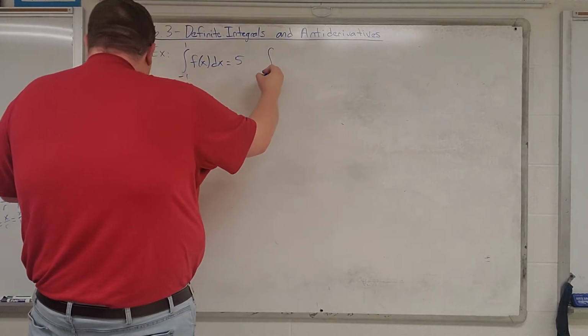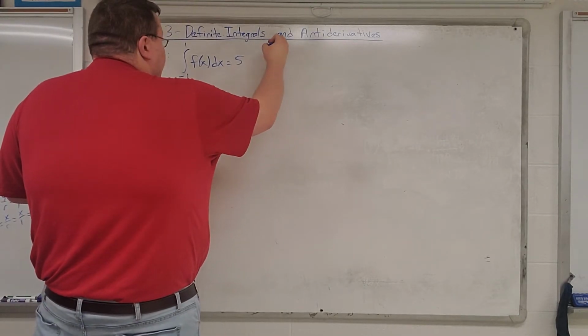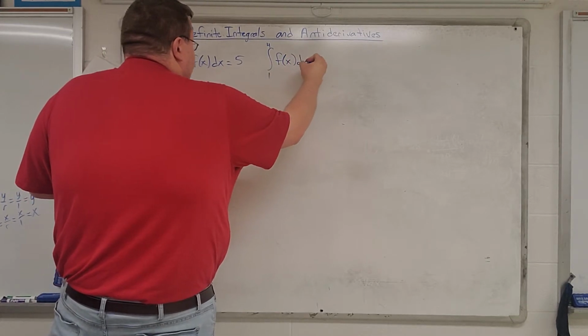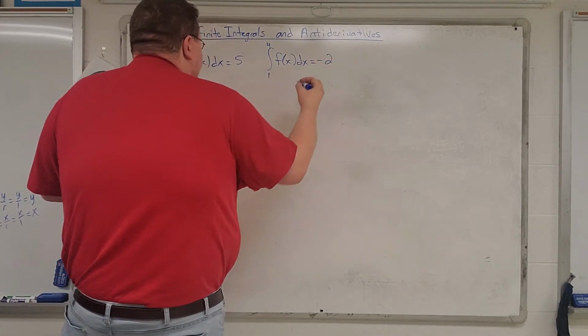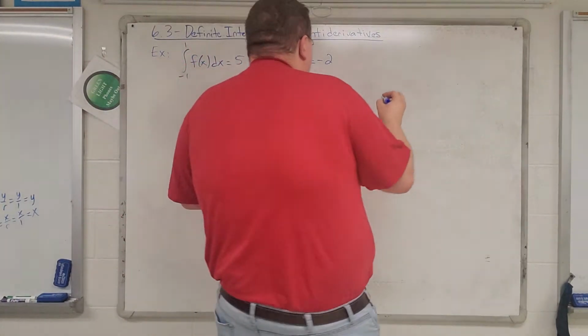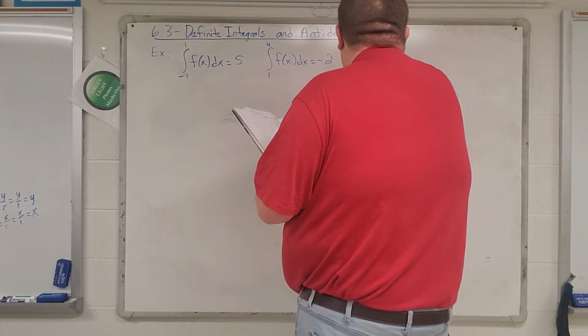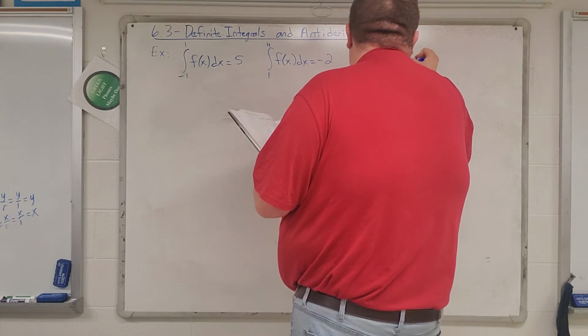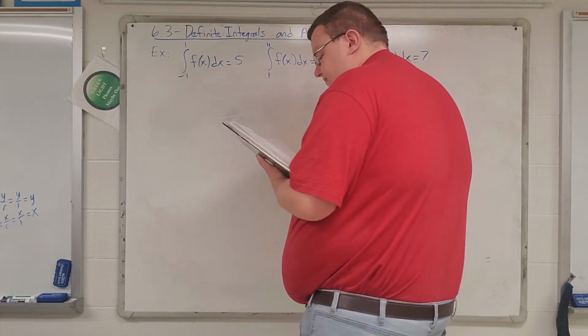And the integral from +1 to 4 of f of x dx is equal to -2. And the integral from -1 to +1 of h of x dx is equal to 7.